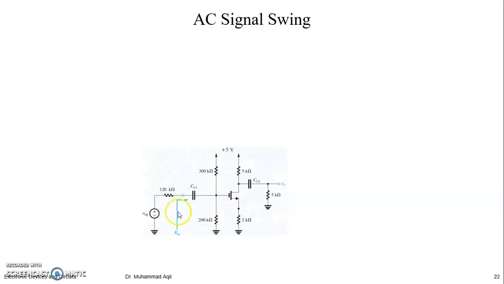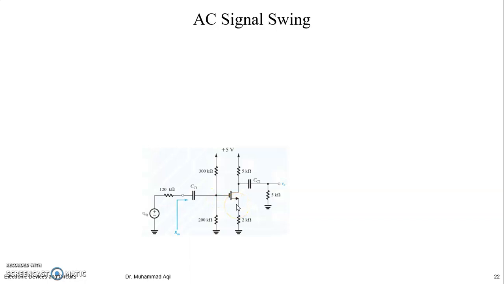So it means part of this signal would be added to VG, right? And it becomes VGS. So we already had the DC VGS, capital V, capital G, capital S, right? And this AC part of VGS, small v, small g, small s, will be combined to make a total VGS, small v, capital GS, right?